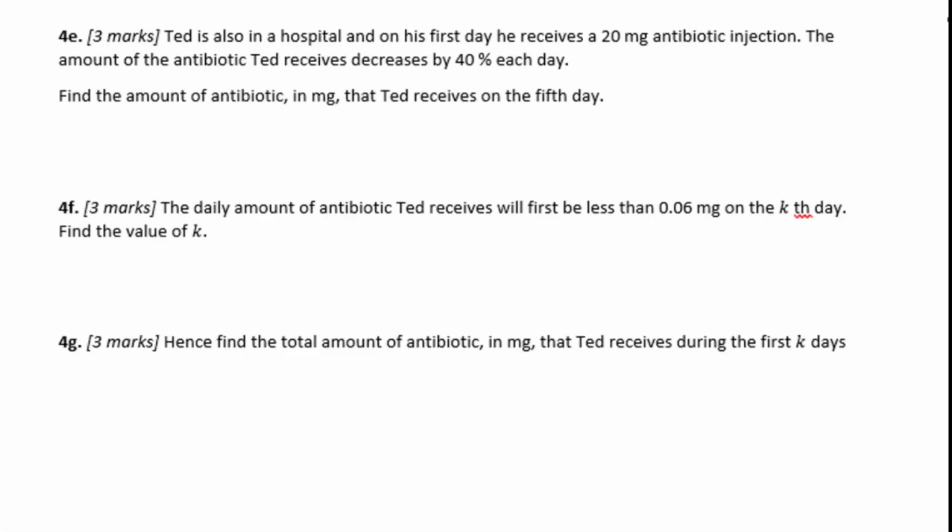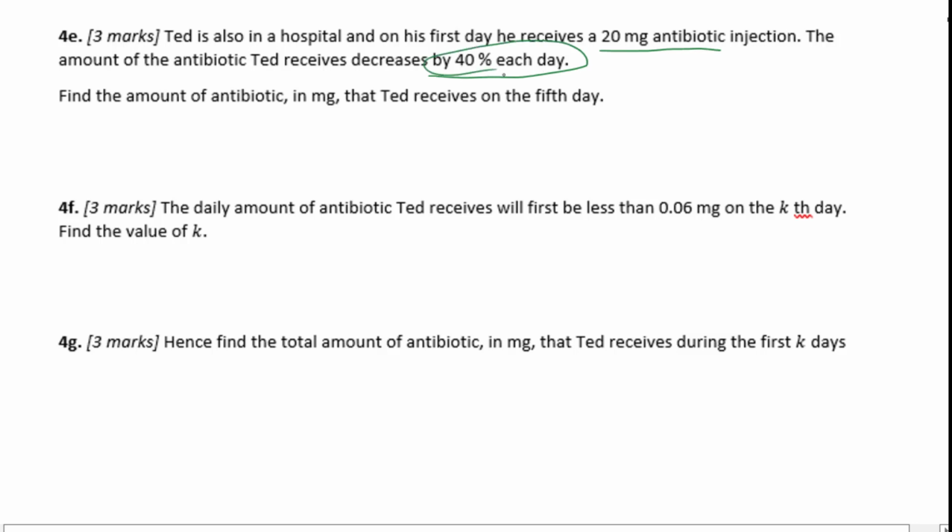Let's go to 4E. Ted is also in a hospital, and on his first day, he receives a 20 milligram injection. The amount Ted receives decreases by 40% each day.